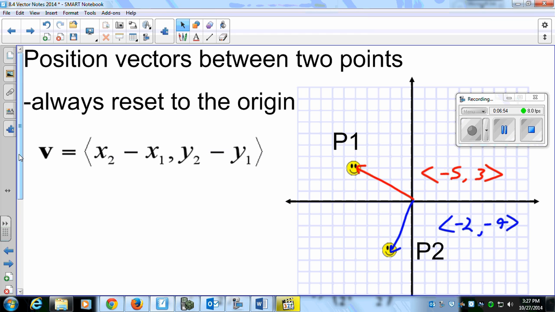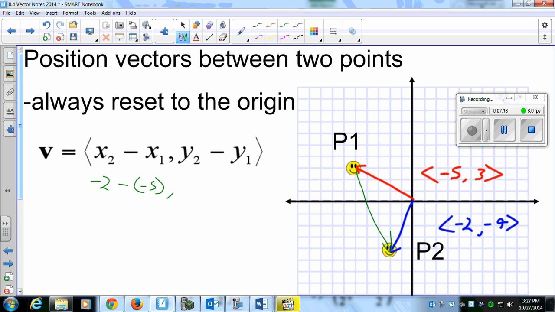So if we want a position vector, going from position 1 to position 2, we actually want this vector. In order to do so, we have to take our x parameters minus our y parameters. So here we're going to take our negative x2, so -2 minus -5, and our y components, -4 minus 3.